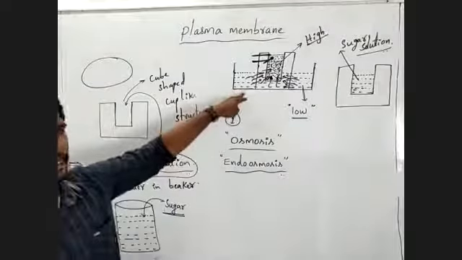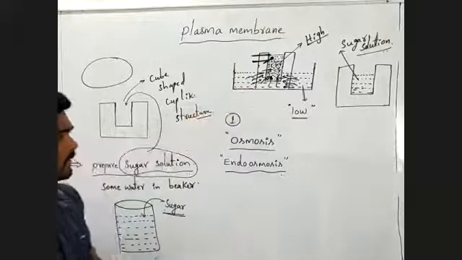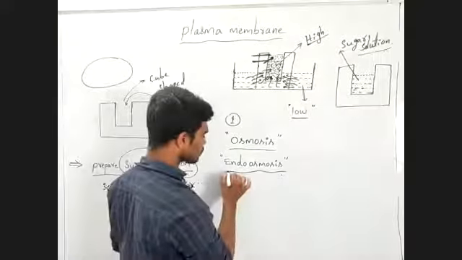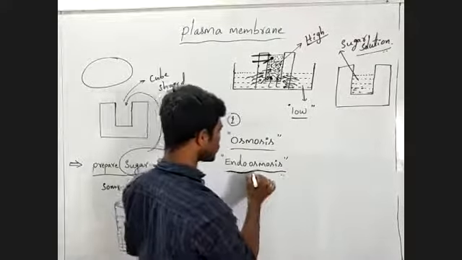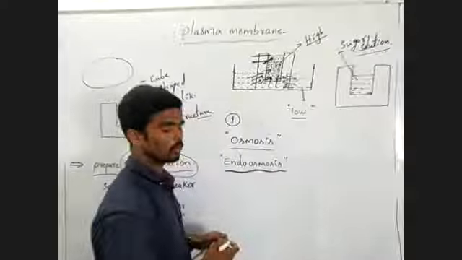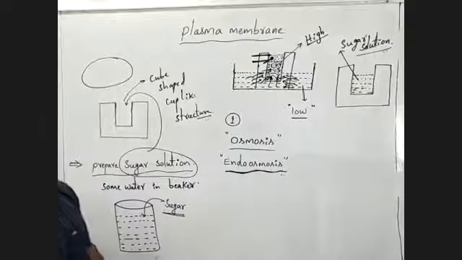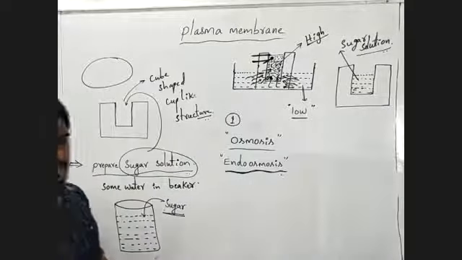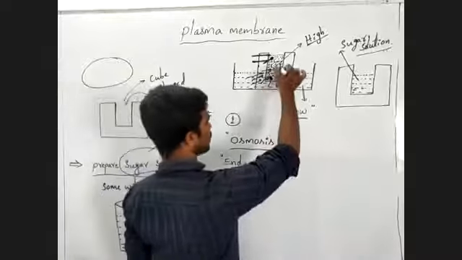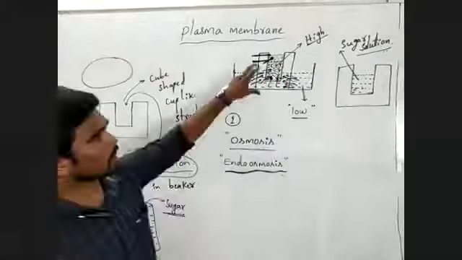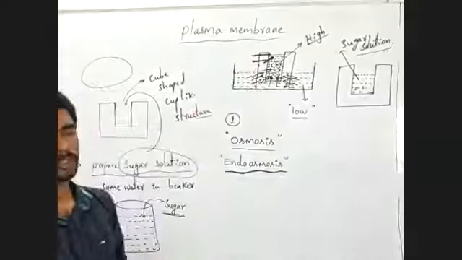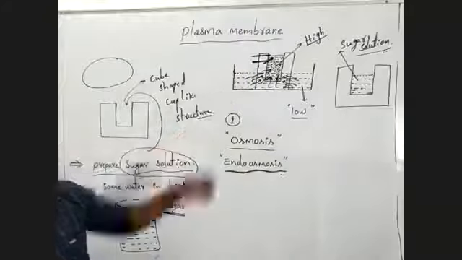Which process occurred here? Endo-osmosis process. Listen carefully. Endo-osmosis process took place in this situation. That is why level of the sugar solution has increased in cup of the potato. Okay. Observe one.